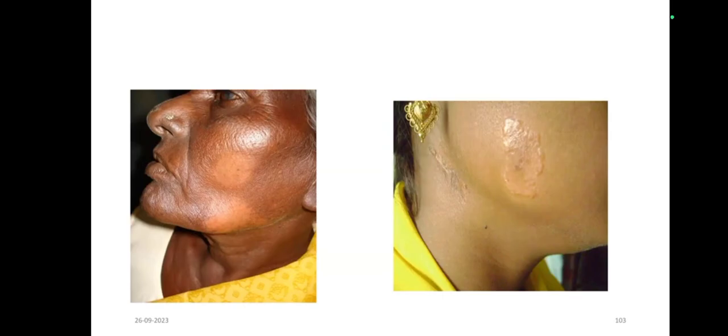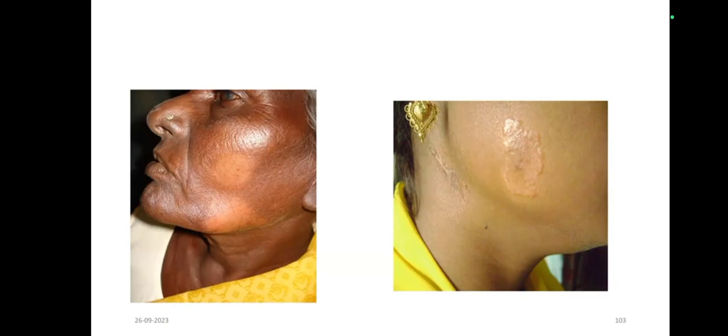The classic clinical diagnosis is loss of sensation on those hypopigmented areas, and the ulnar nerve should never be missed. There will be thickening of the ulnar nerve, and these features should never be missed.